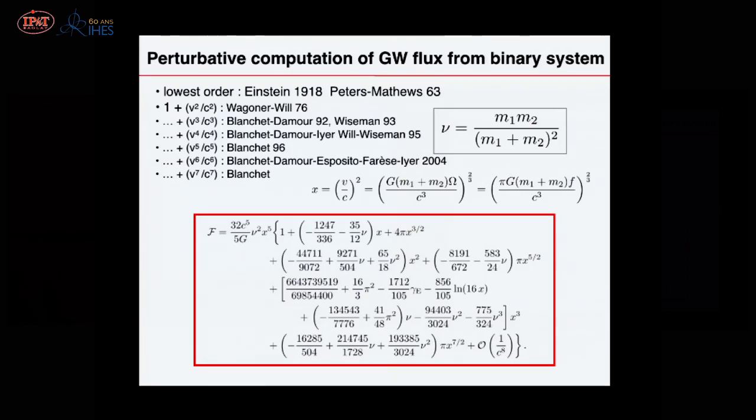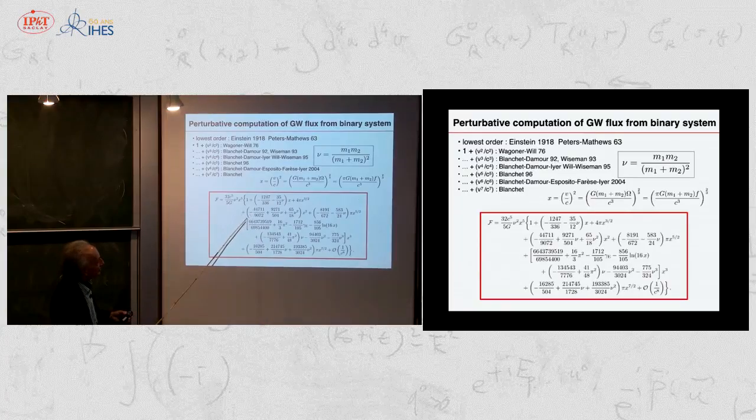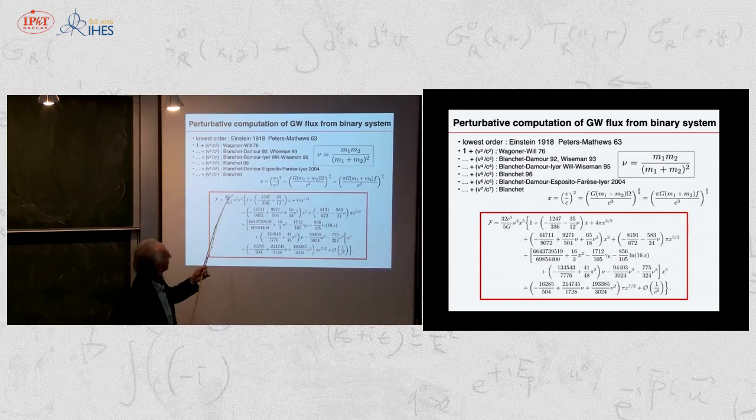So at the end, you compute the flux, for instance, here. This is the explicit present calculation done by this method of the flux emitted by a binary system, okay? The first term here is the Einstein quadrupole formula with 32 over 5 that I already quoted.